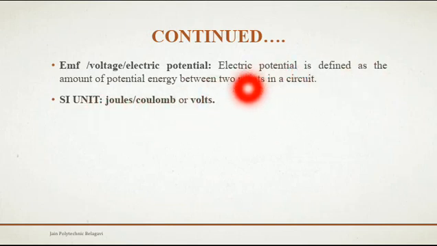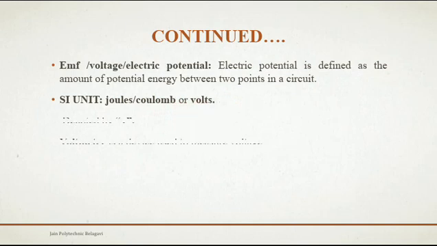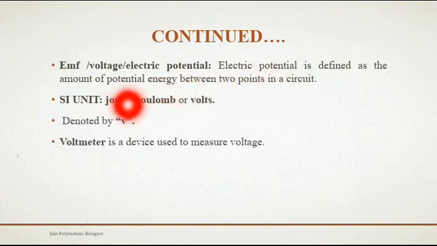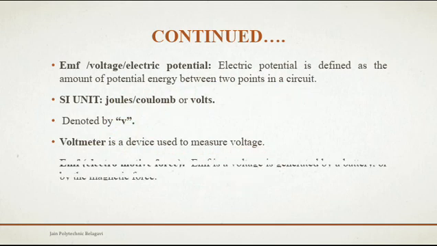Electric potential is defined as the amount of potential energy applied between 2 points in a circuit. The standard unit for electric potential is joules per coulomb or volts. This is denoted by the letter V, and a voltmeter is a device used to measure the voltage, whereas an ammeter is a device used to measure the current.